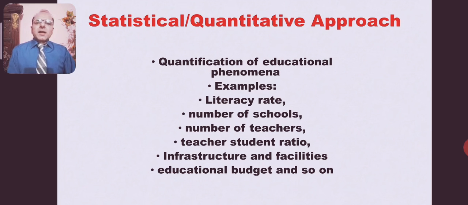And most importantly, the educational budgets allocated in particular parts of the world to education and education related expenditures. So these are some examples of comparing education systems based on quantities or in statistical terms.